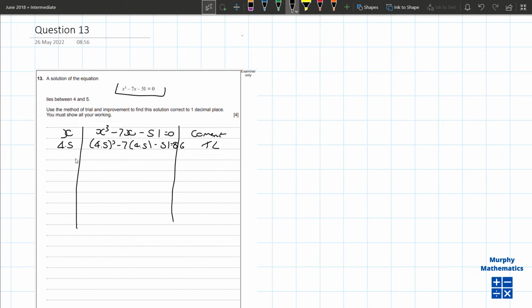So 4.4 cubed minus 7 times 4.4 minus 51 equals 3.4, which is too big, sorry, not too low. Okay, so I'm going to carry on going lower.